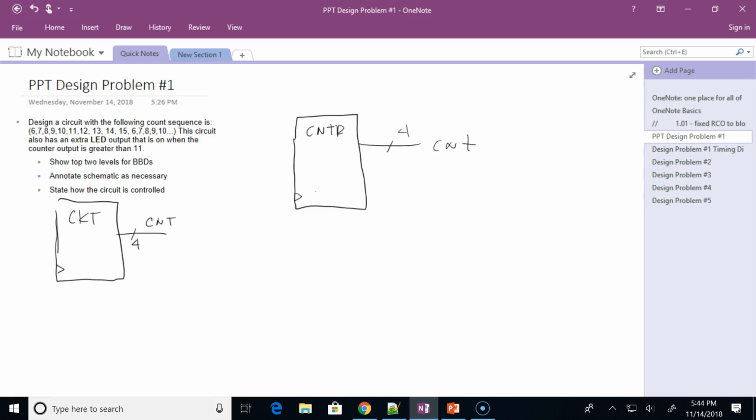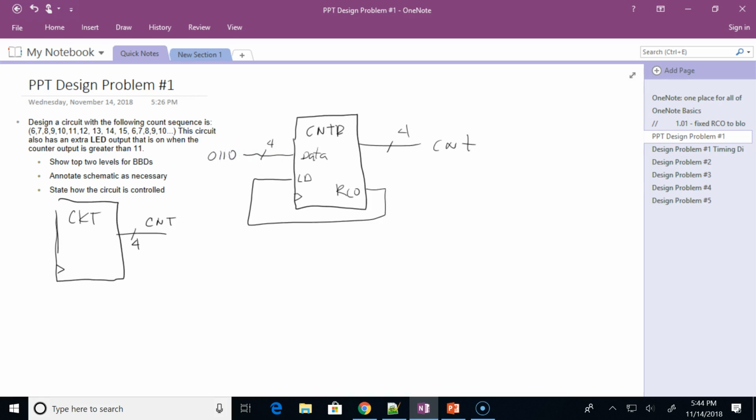The preferred way to do this is to load 6 when I hit the maximum count. So typically, in a problem like this, I'm going to throw an RCO in there, and it's going to be used to load my new count. This is connected to the load input. I have a data input, and I am going to hardwire that to 0110.